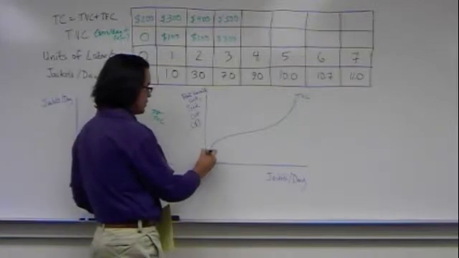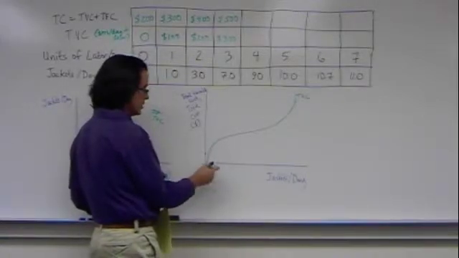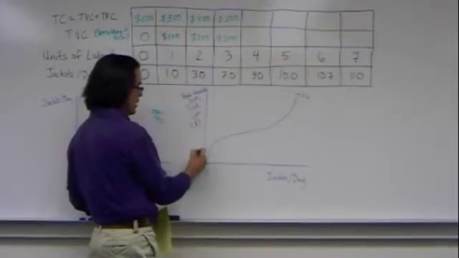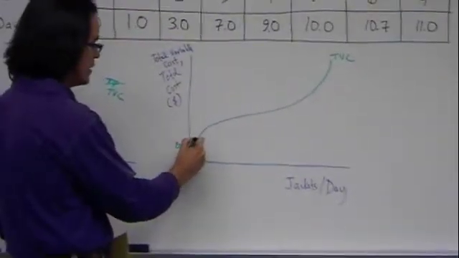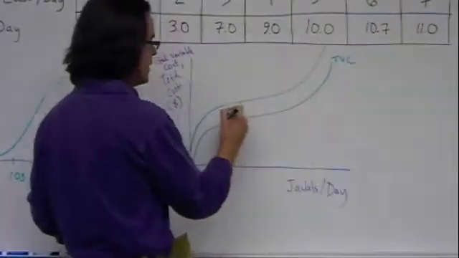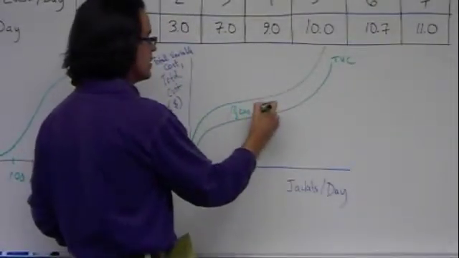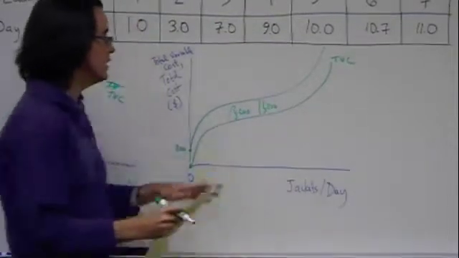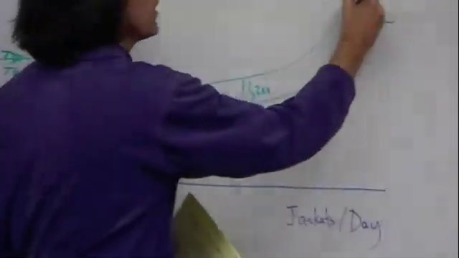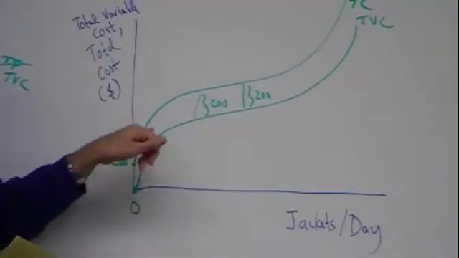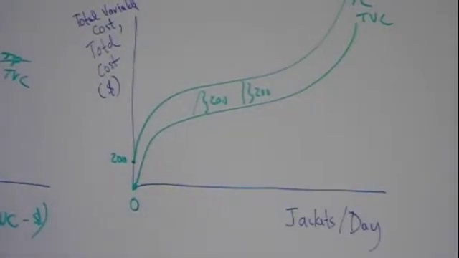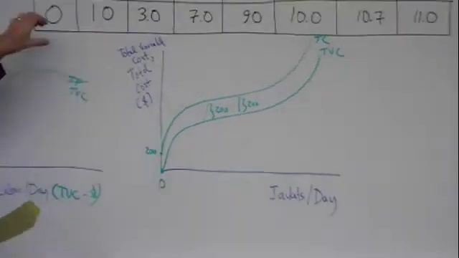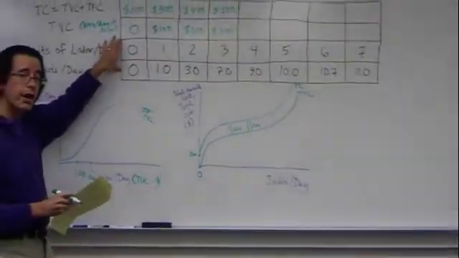So for instance, at 0 jackets per day, with our example of a $200 fixed cost, we just go up $200, and basically the difference between these two curves, the total variable cost curve and the total cost curve, the difference vertically is simply going to be $200.